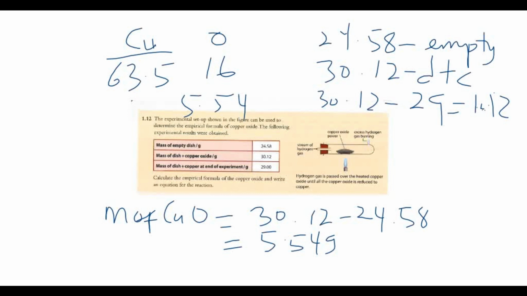This is a reduction reaction. Copper oxide being reacted with hydrogen under heat is going to produce copper. Oxygen will escape. So hydrogen is being used to reduce copper oxide into copper.